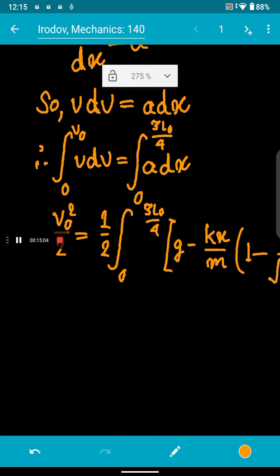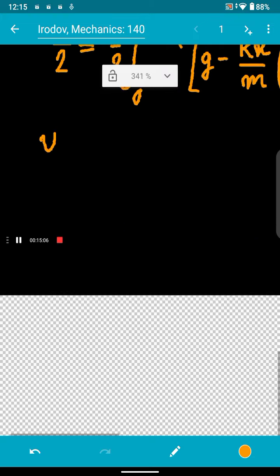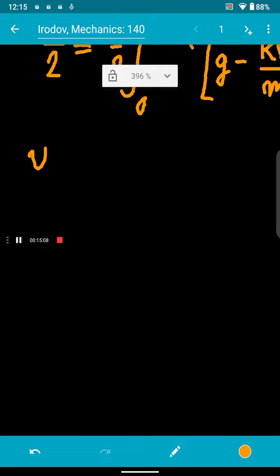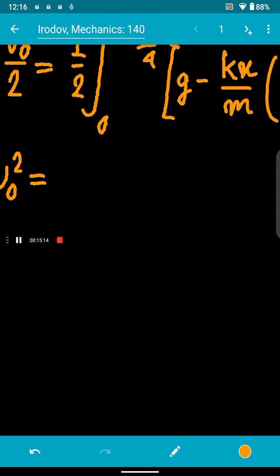So if we eliminate the half, this will be V0 square, that will be equal to G into the integration of dx, so only 3 by 4 GL0 will survive.